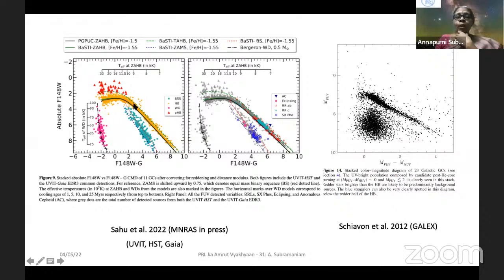But then of course, you're right, there is a lot of scatter coming here as well as there. So these kinds of stars which are lying below the horizontal branch track need investigation. And these are members. These are real scatter. And the reason for the real scatter needs to be understood.